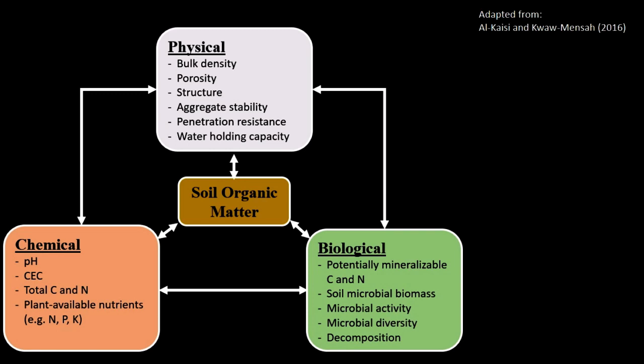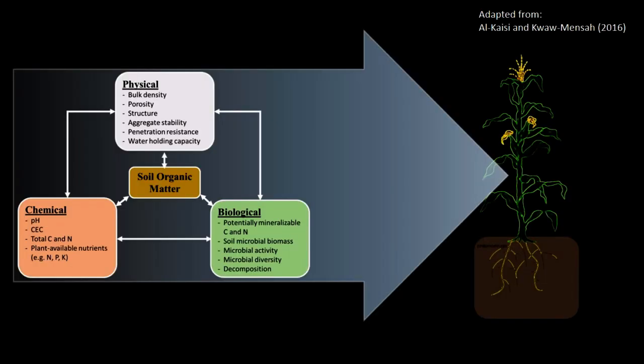And then decomposition is one I've added here as well. But these all should really relate to improved yields, as Madi's extension document pointed out as well. If you're using these indicators as some measure of improved soil health, they should also correlate with improvements in yield.